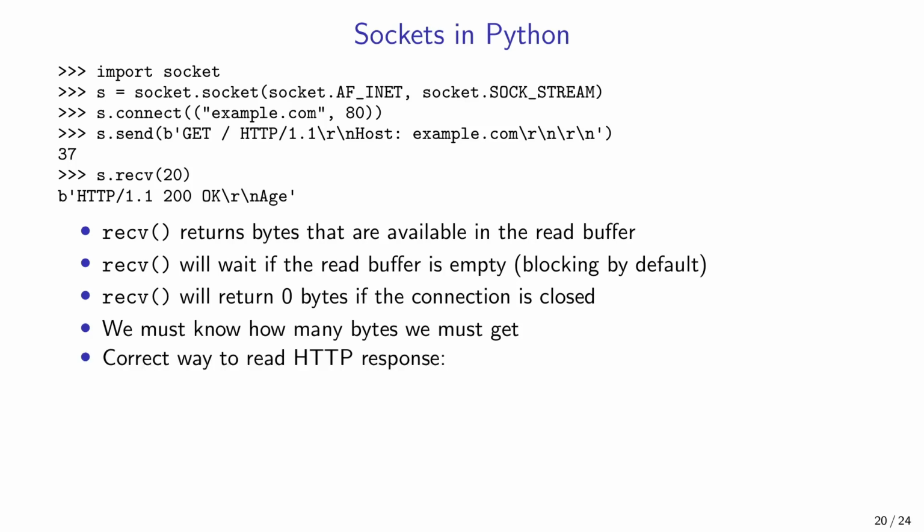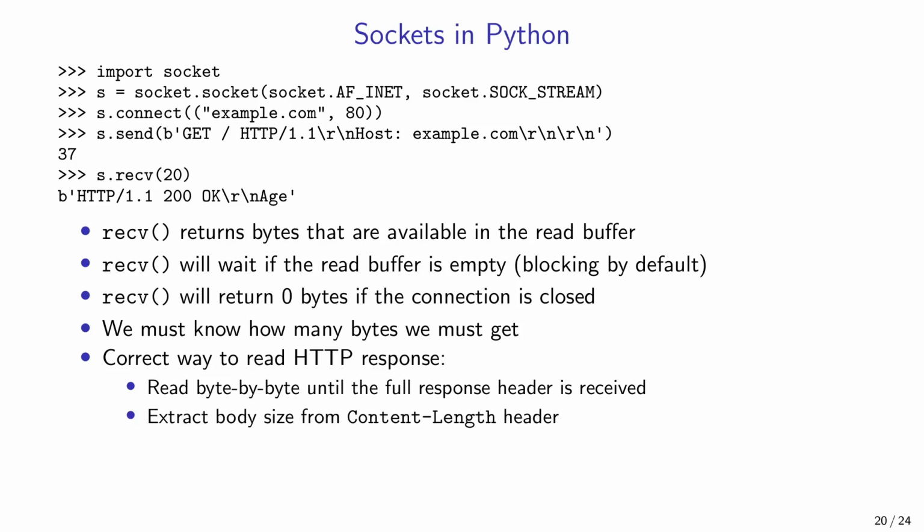To summarize, the correct way to read an HTTP response is to read byte by byte until the full response header is received, that is, when we get an empty line. Then we can read actually more than 1 byte at a time, but then we must check that the receive method returned the amount we requested. Remember, the receive method returns bytes that are available in the read buffer. It is not guaranteed that it will return the number of bytes we requested.